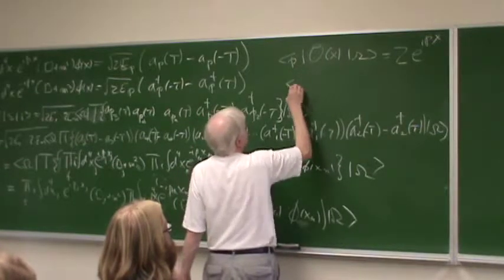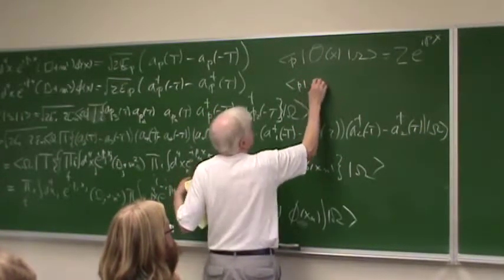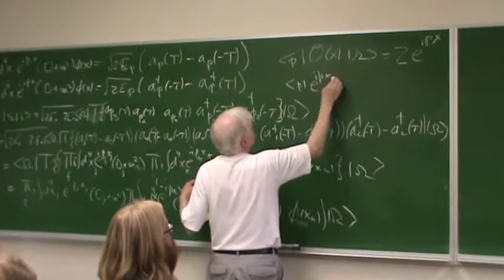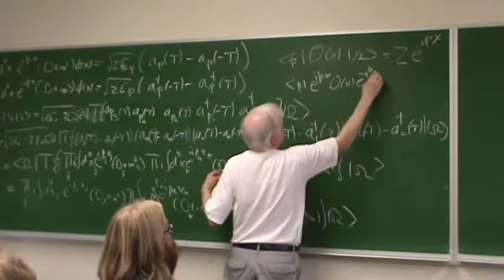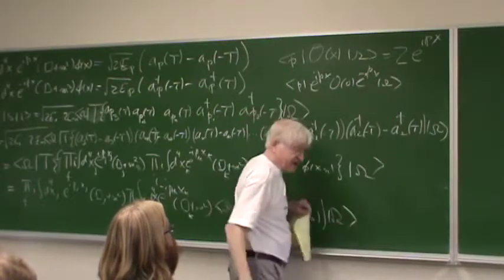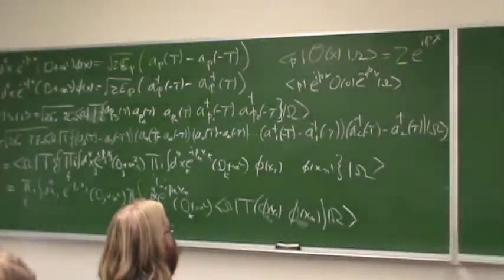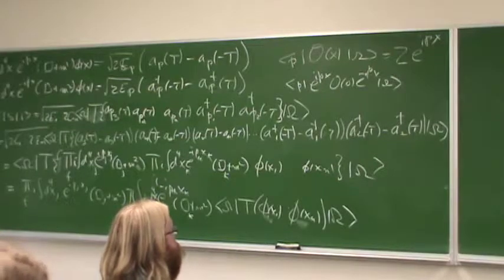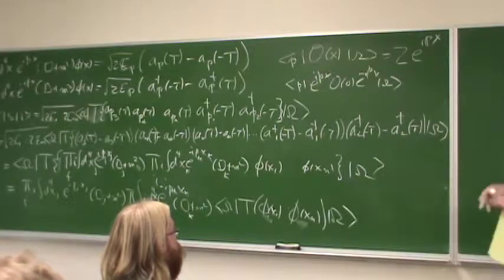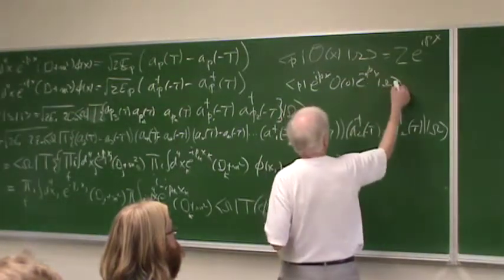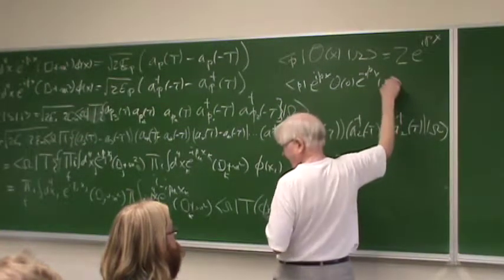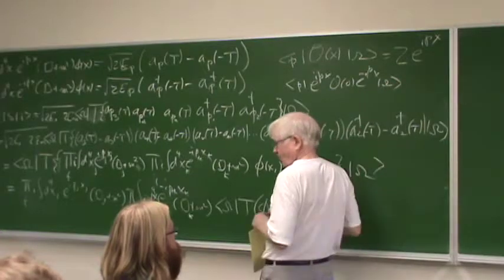that O of x is actually e to the i P x O of 0 e to the minus i P x on the vacuum, where P is the actual full momentum operator, which produces translations when it's exponentiated. On the other hand, P on the vacuum gives you 0 because the vacuum presumably has no momentum or energy.